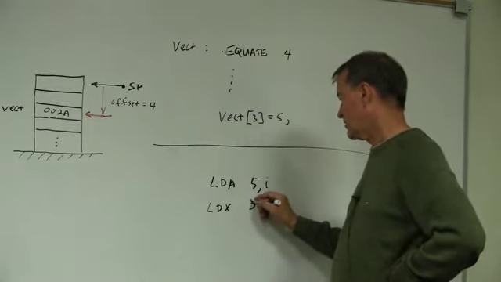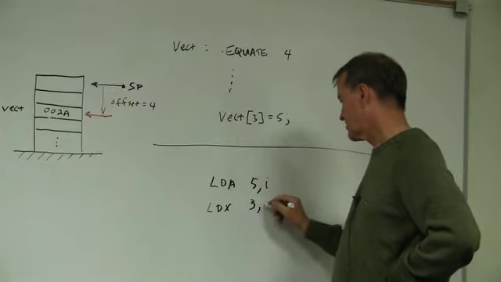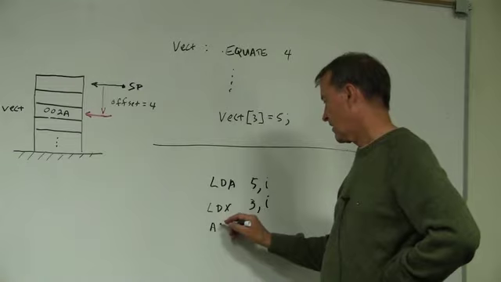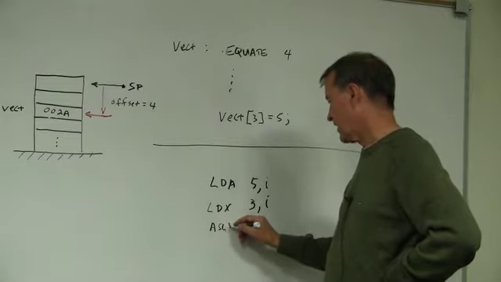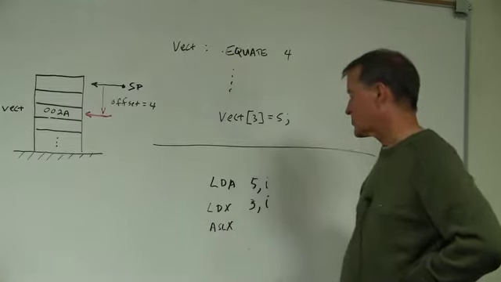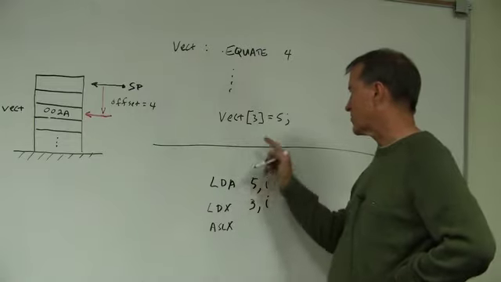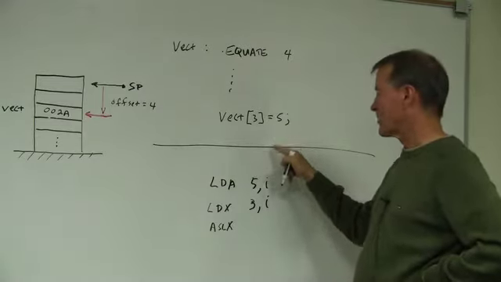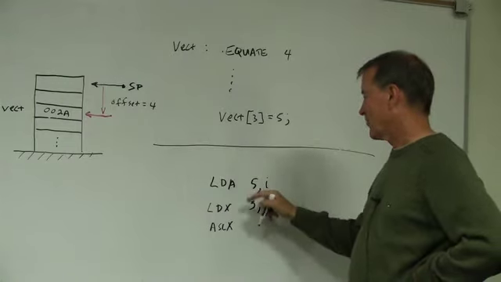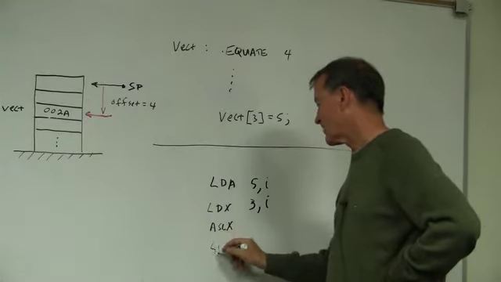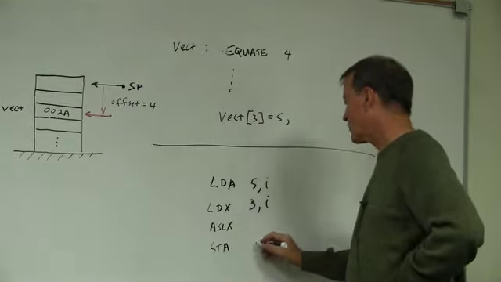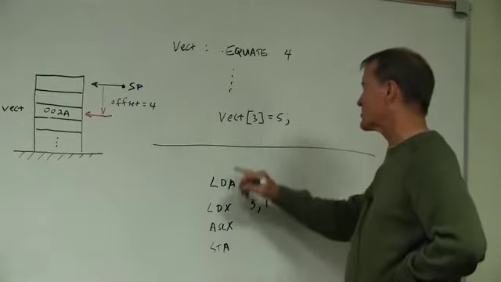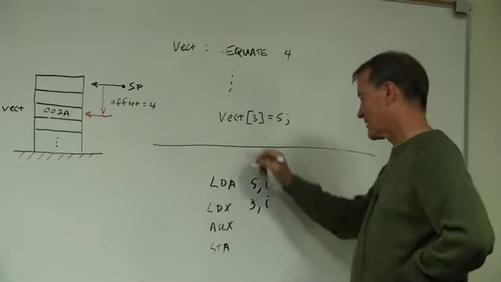So we load the index register with 3 immediate, and then we arithmetic shift left the index register because there's 2 bytes per cell. And then the question is, how do we store what's in the accumulator? How do we get that actually into the array, into vect sub 3?